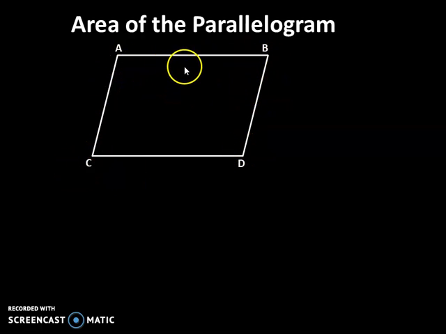So how can we find it? Here we have drawn one height, meaning an altitude, from vertex A to CD. If we name this point M, we take this portion and cut it and put it on the other side.